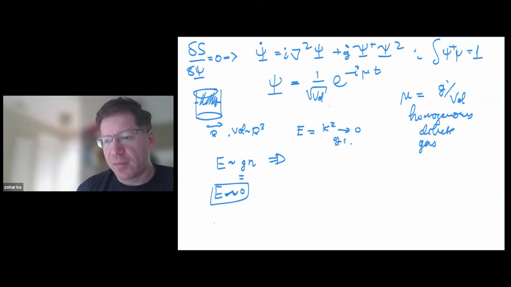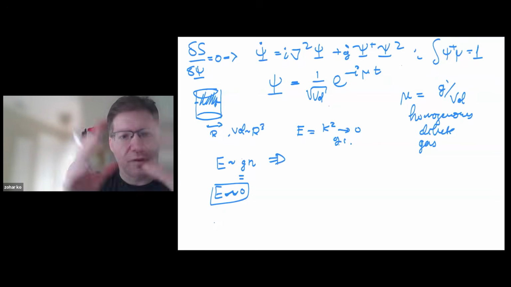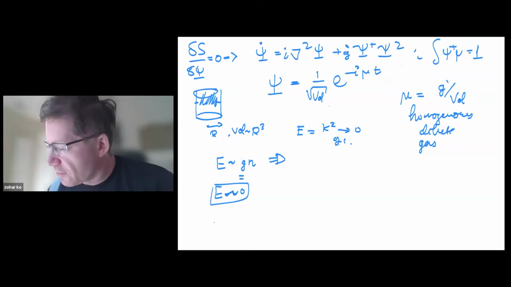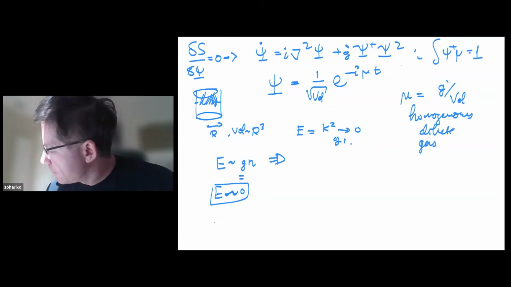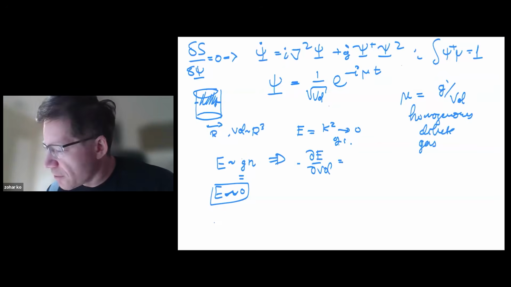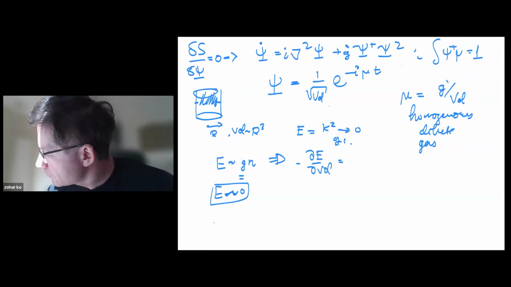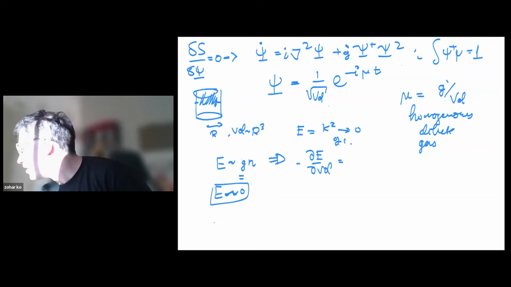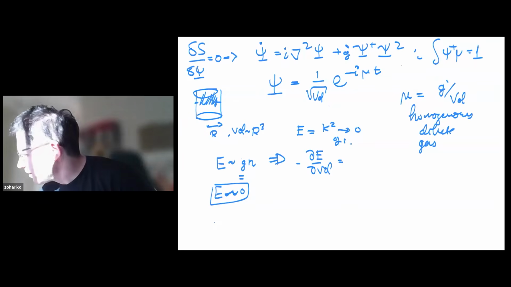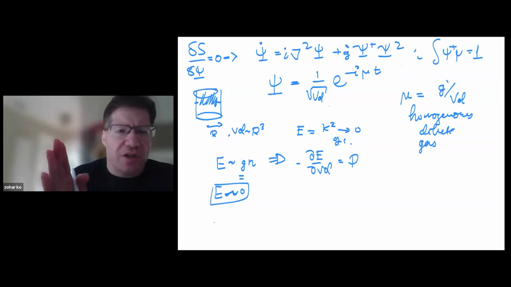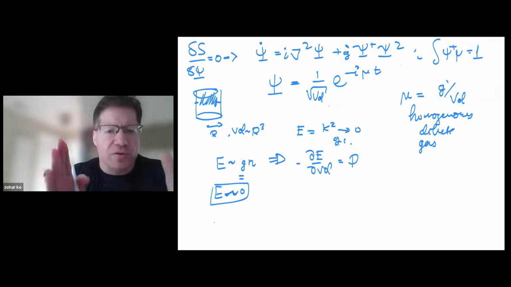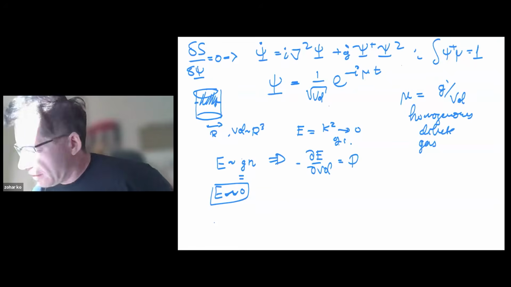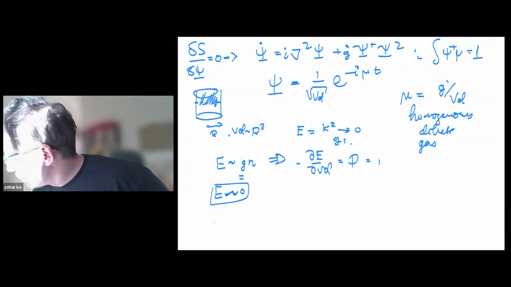And this changes completely the behavior of the ground state to perturbations because, for instance, let's take a derivative of the energy with respect to volume. This is also known as the pressure of the ground state. It's just measuring how much energy you have to invest to change where the walls are. Okay, and that's given by n squared times g.